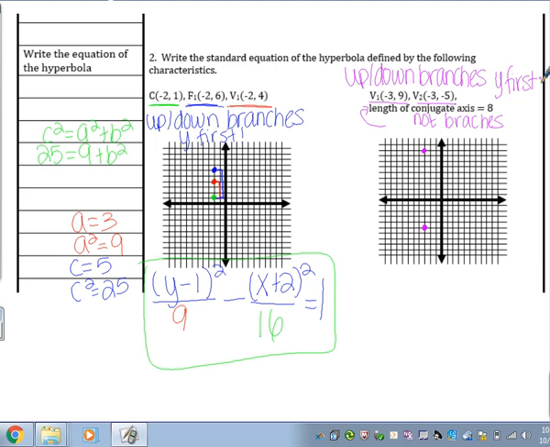Now, can I find the center from this? Yeah, I get where it is in the middle. Where is that going to be? -3, 2.